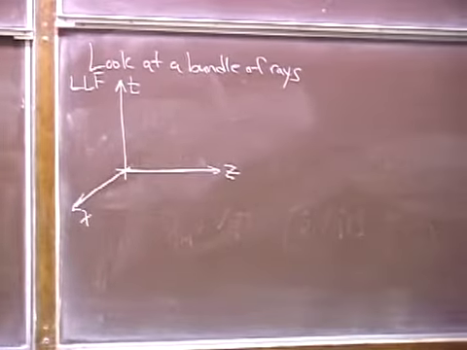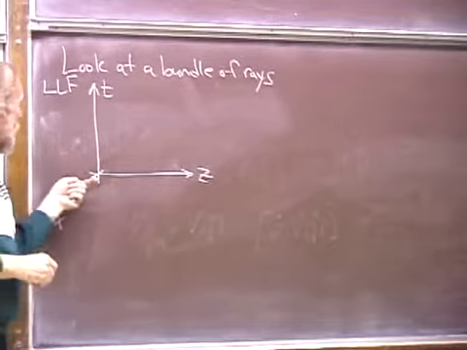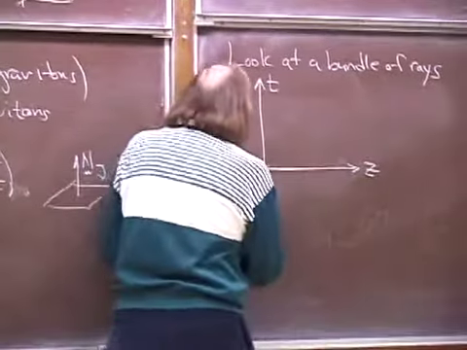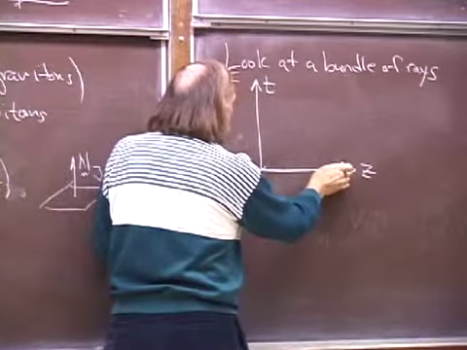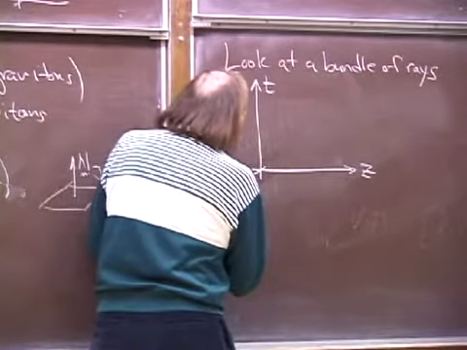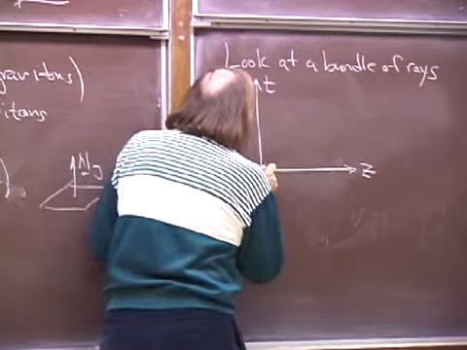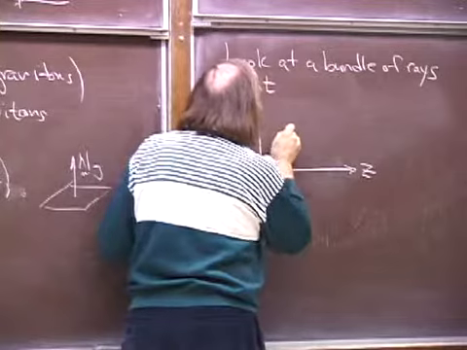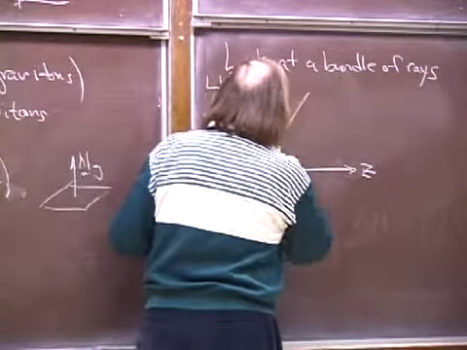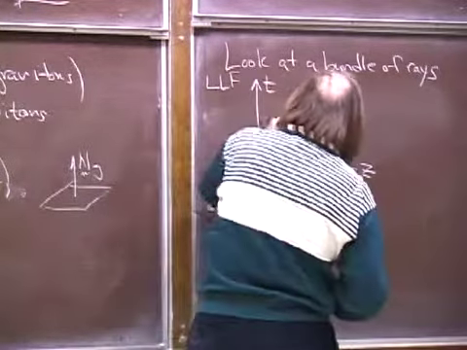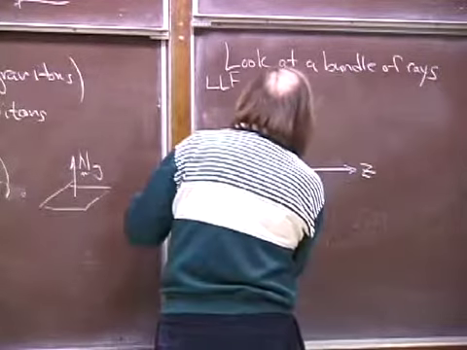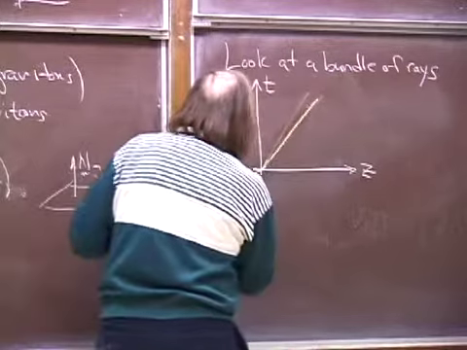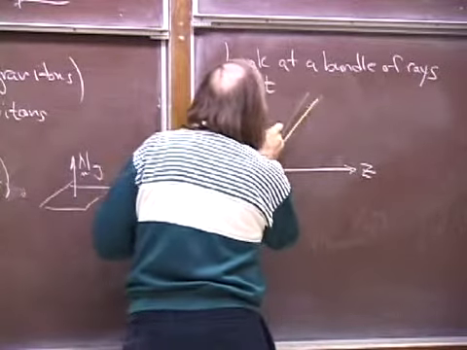The bundle of rays that I'm talking about is a bundle that all lies in a surface of constant phase. So let me draw a surface of constant phase. These waves are propagating in the z direction, so a surface of constant phase looks like this. Well, this is supposed to be the null direction. Looks like that. But then it comes down here. Looks like that.